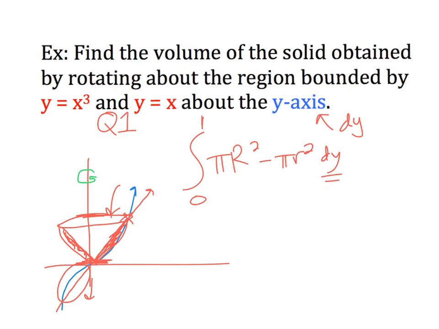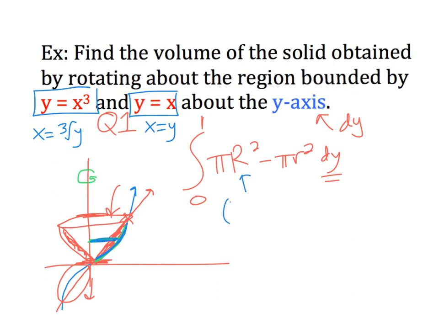Notice the bigger radius here is going to be this horizontal distance to the outer function. But remember, we're doing things with respect to y, so that means we want to look at this y equals x cubed function as really x equals the cube root of y. And we want to look at this y equals x function as really x equals y. And so that bigger radius, which is that horizontal distance, ends up being the cube root of y minus 0, so right minus left.